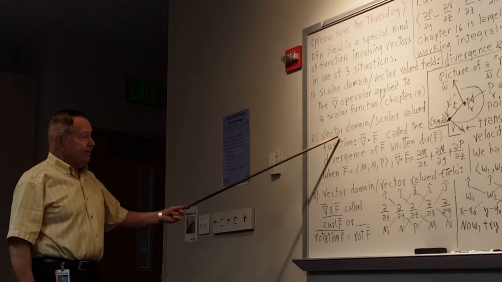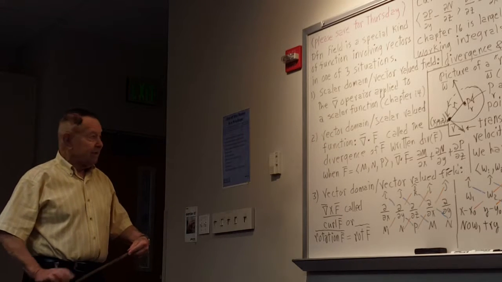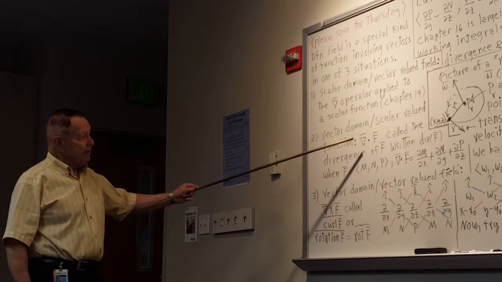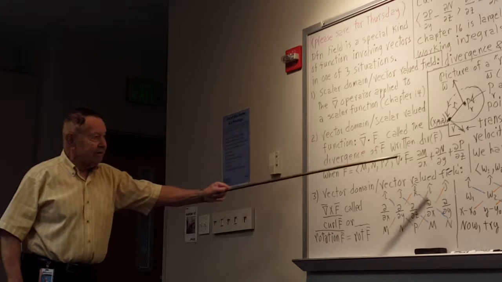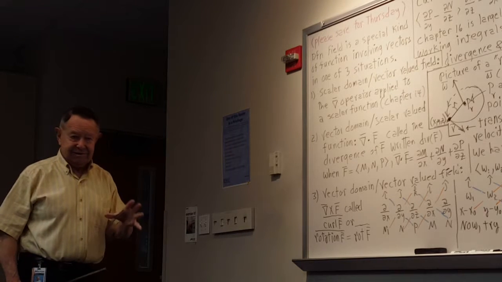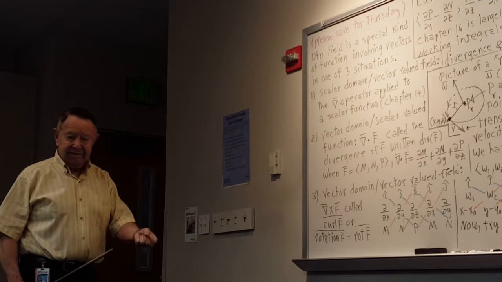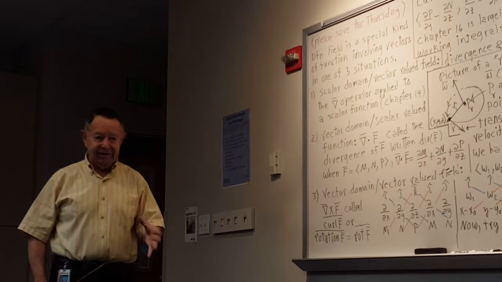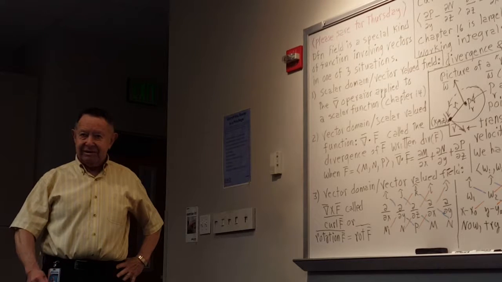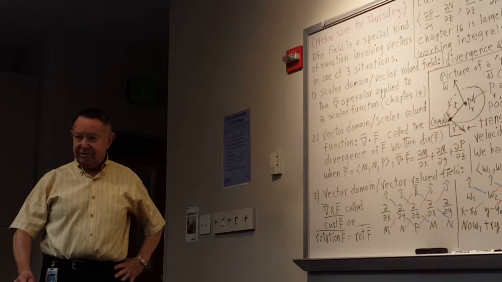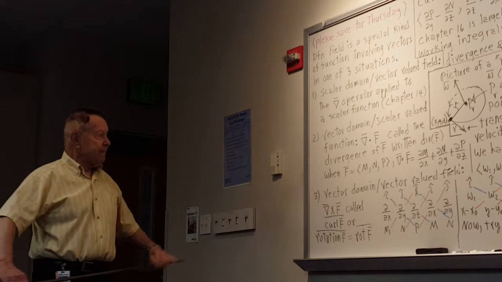Now, you could also have a vector domain and then a scalar value. You could make this by taking the same del operator. You remember it takes the partial derivative with x, which would be the i component, or the first component, partial with x i, and then partial with y j, and then partial with z k.